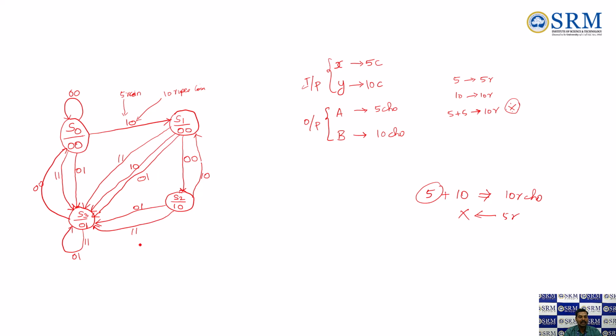In the other case, if I'm using two 5 rupee coins, the machine has to dispense a 10 rupee chocolate. In case I am using both a 5 rupee as well as a 10 rupee coin, then the machine has to dispense the maximum possibility, which is a 10 rupee chocolate. The remaining 5 rupee coin or chocolate cannot be dispensed. This is the truth table of the given problem.